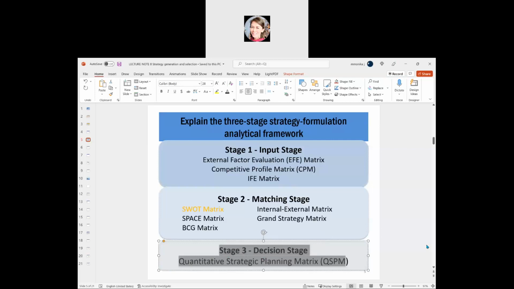All right. So this is what it means by integration of analysis. You're analyzing from stage one right up to stage three, and it's also an integration of intuition. Now, what it means by intuition is that at some point, as you do your IFE matrix or your matrices, you will be required to put weightage.